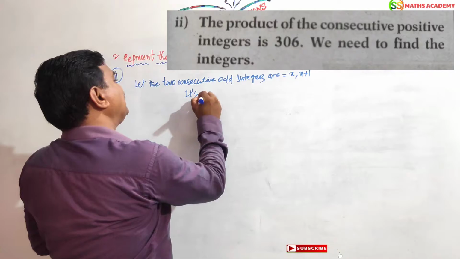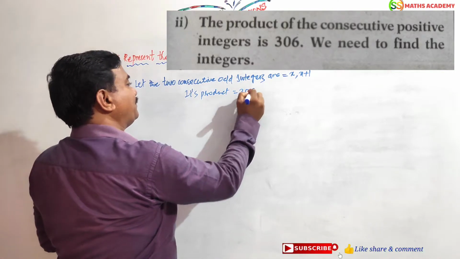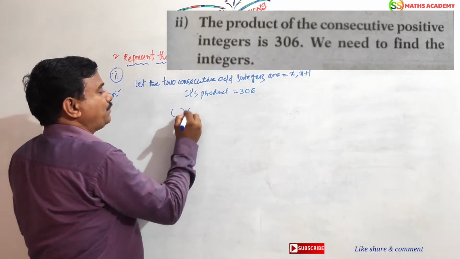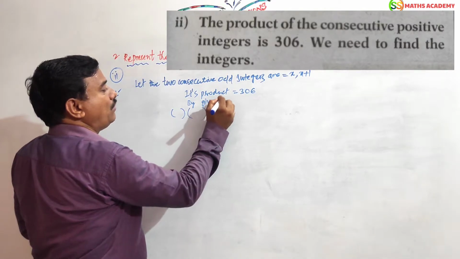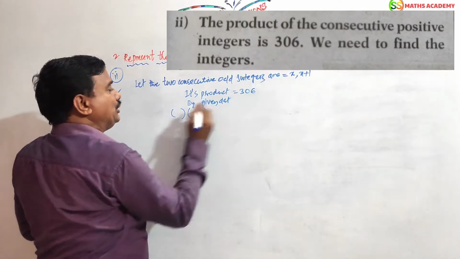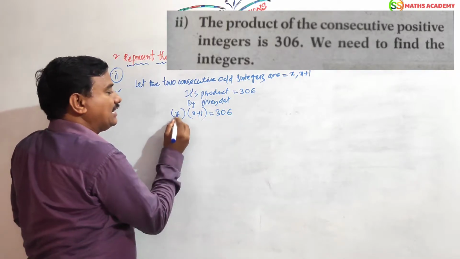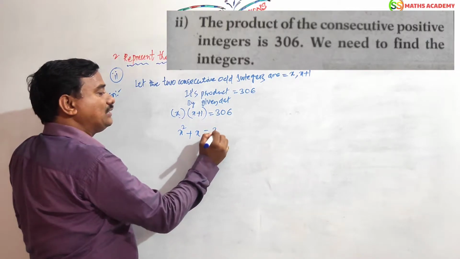Its product is given, 306. What are the numbers? Simple. Product, by given data according to the problem. What is the product of these two? Product means multiply: x into x plus 1 equals 306. X into x square, x plus x, equals 306.